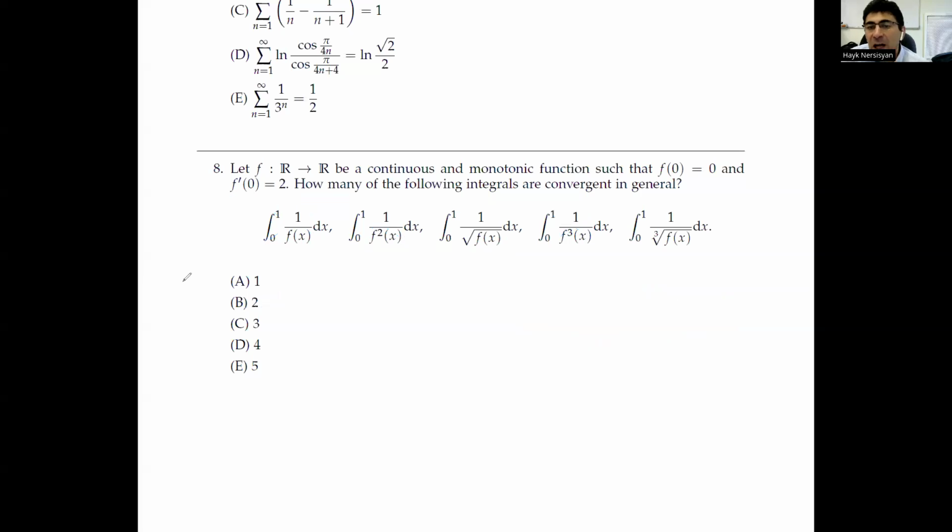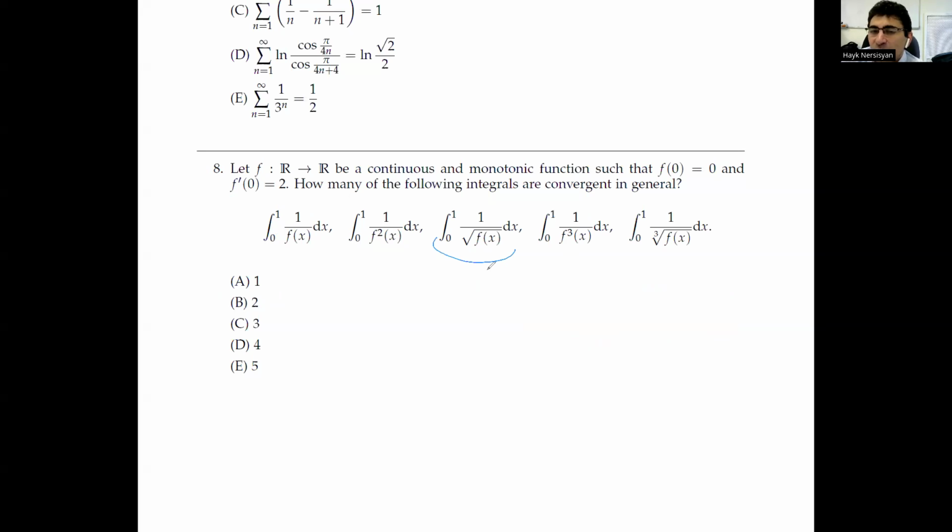Okay. How can we study the convergence of this improper integral, guys? First of all, it is improper because f at 0 is 0, so we have trouble. 0 is a singularity point. Typically, we have comparison tests. We have the limit comparison test. We have the direct comparison test.